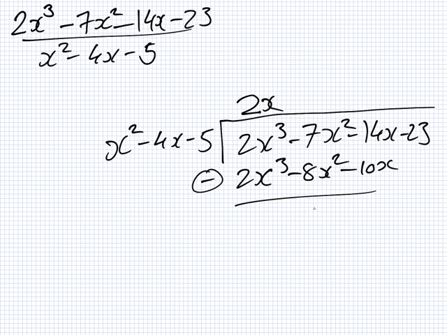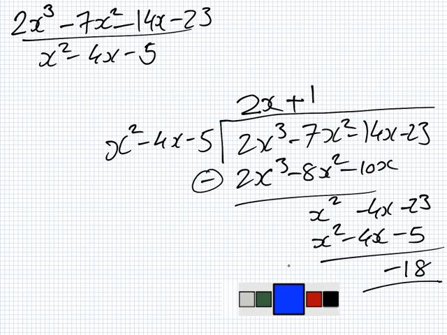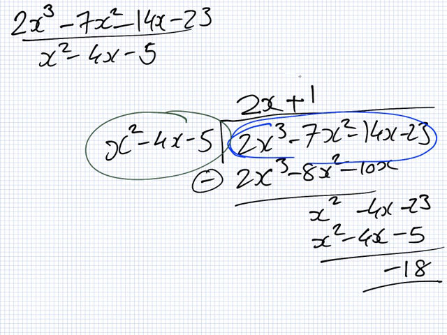And minus here, x squared minus 4x, and then here minus 23. And next, 1. So you have x squared minus 4x minus 5. And what am I left with here? Minus 18.